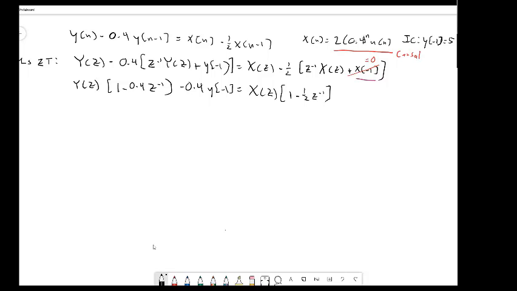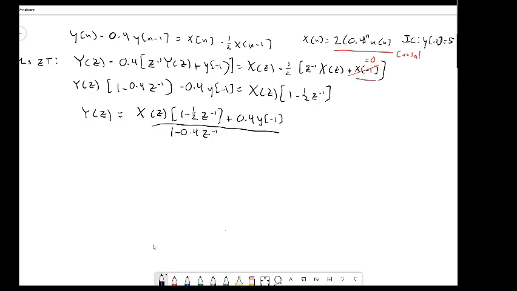We want to bring y on one side by itself. So we'll have our x of z times the factor that was on the left side with it. We'll add the 0.4 times y of minus 1 over to the left side of the equation, and we'll divide everything by that term that's multiplying the y of z up above, 1 minus 0.4 z to the minus 1.